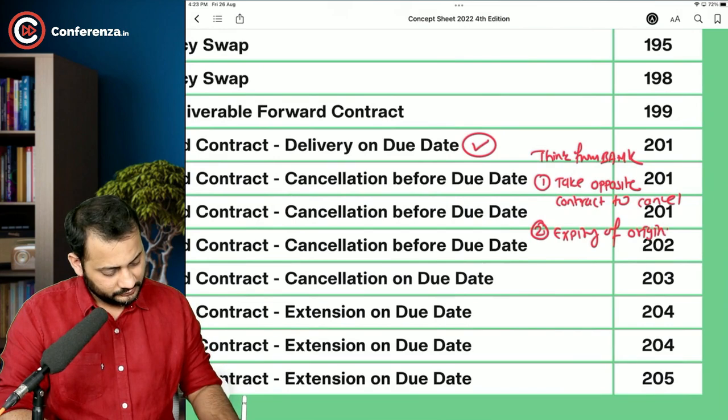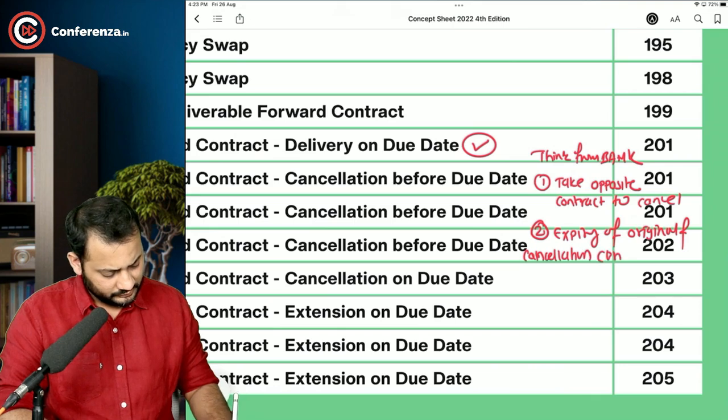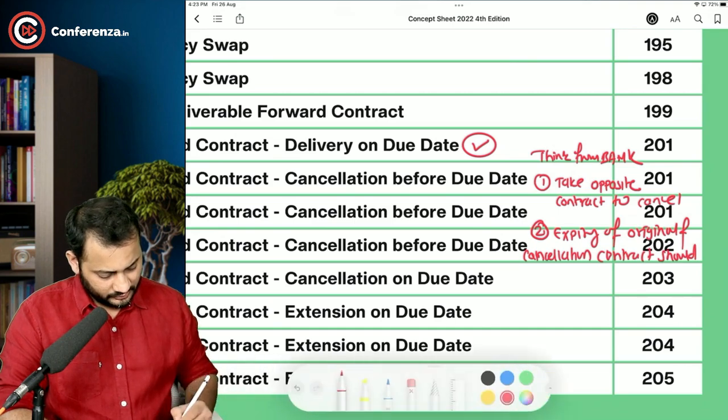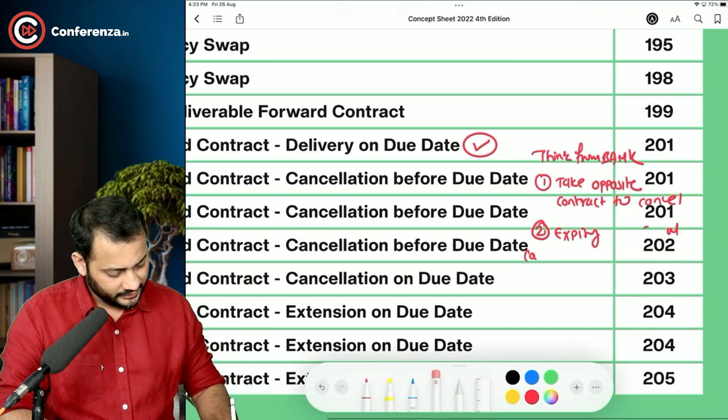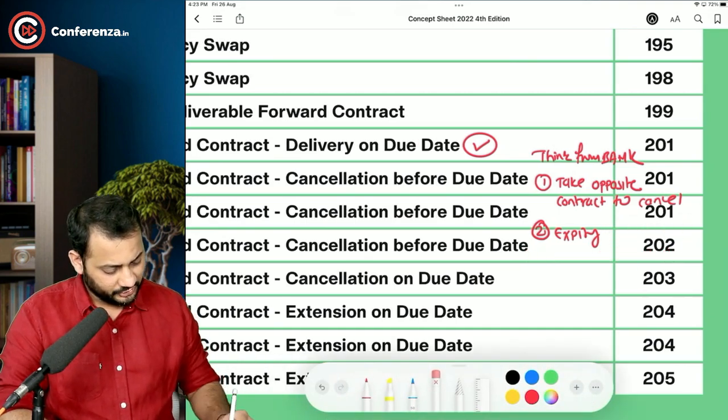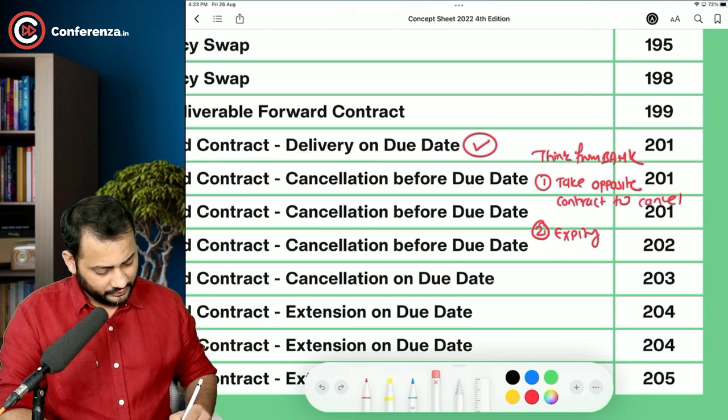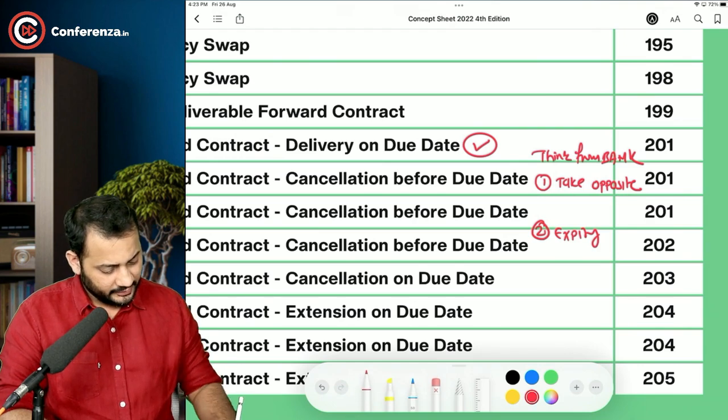the original and cancellation contract should be the same. What we will do is keep expiry short. Take the opposite position to cancel, and expiry should be the same.